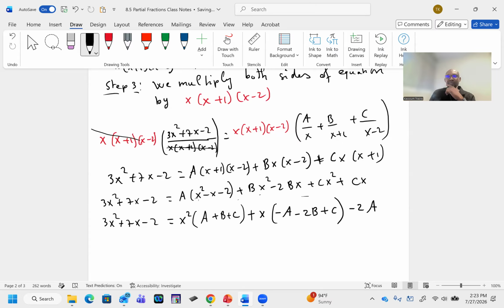Okay? So now we will compare the degree of x on the left side and the degree of x on the right side, which is step 4.